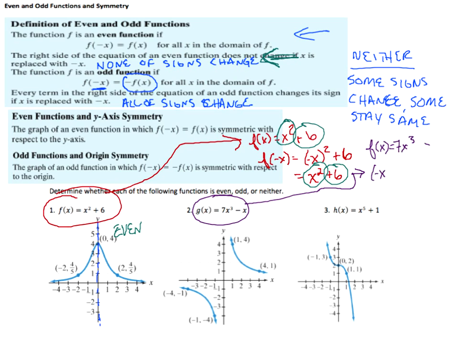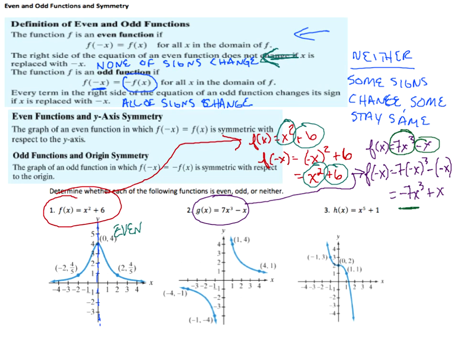Be careful whenever you plug something in, you always want to use parentheses because it does make a difference. Negative x cubed is negative x cubed, and negative x cubed times 7 is negative 7x cubed. Negative 1 times negative x is positive x.